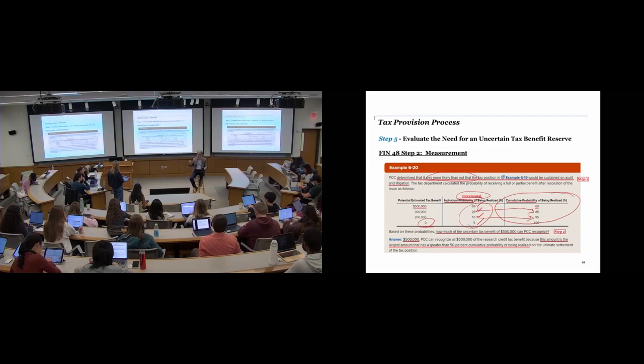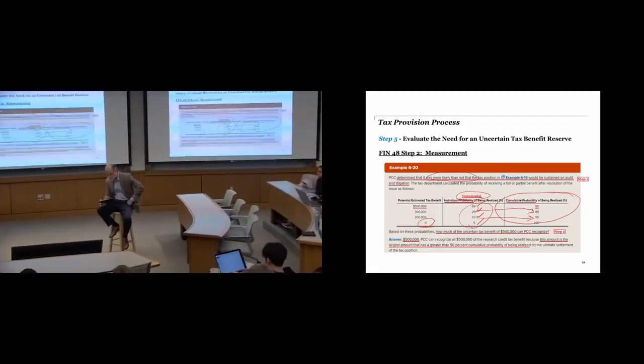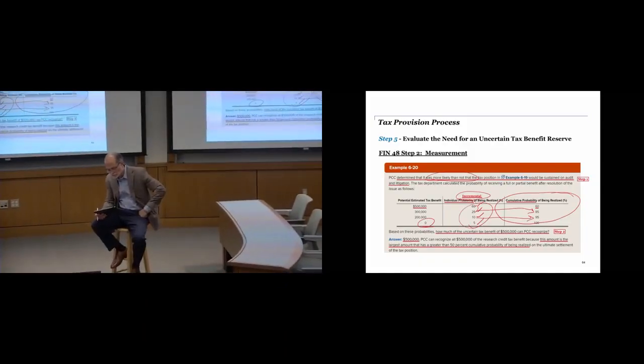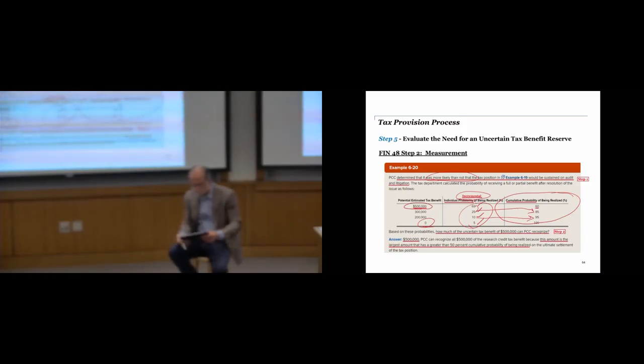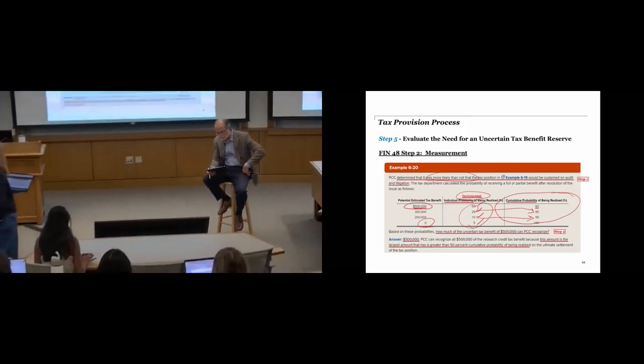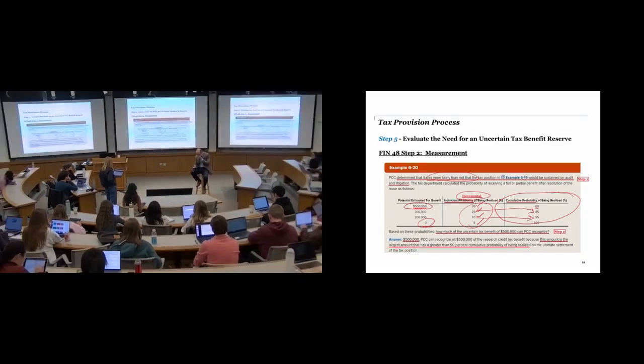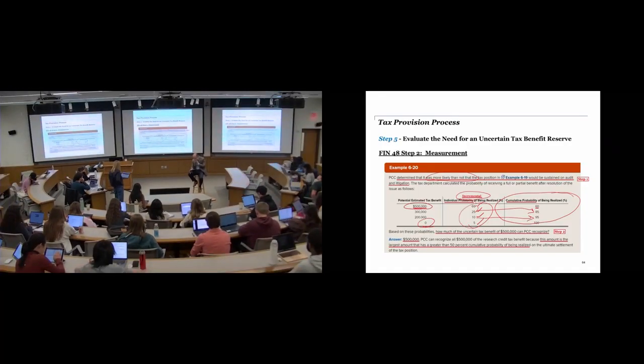Okay? So walk us through the final conclusion. The rule is to recognize the largest amount that has at least 50% probability of being sustained on examination or litigation. And that number, the largest amount, is 500,000 with a 60% cumulative probability of being realized. So they can recognize all $500,000 as a research tax credit on the ultimate settlement of the tax. Yeah, so if you look at the far right-hand column, those numbers have to be greater than 50, and whichever one of those numbers has the greatest amount, that's what gets reported.